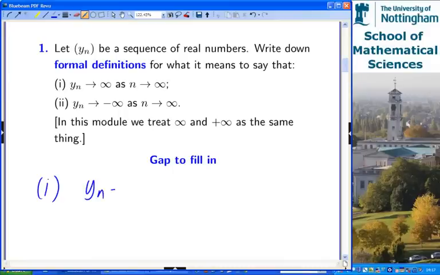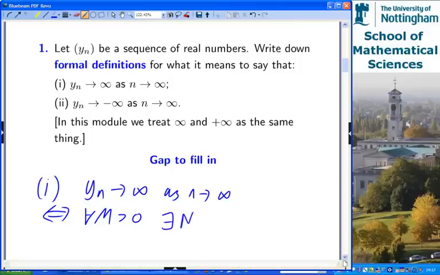So yn tends to infinity as n tends to infinity if and only if, here's one of the standard definitions: for all m greater than 0, it should be a real number greater than 0, of course. That's our standard assumption.